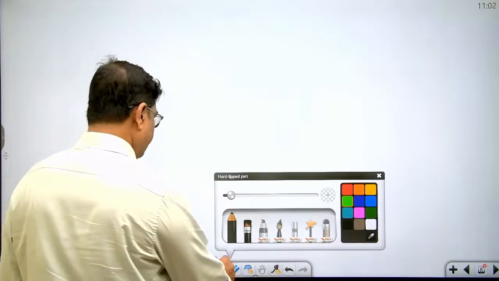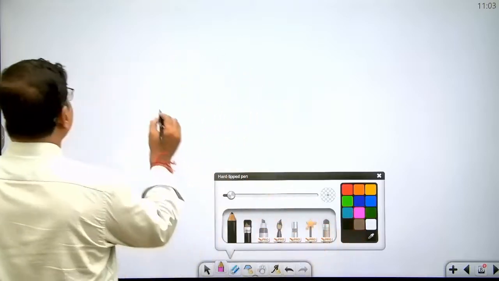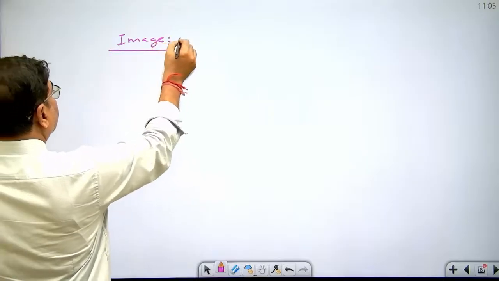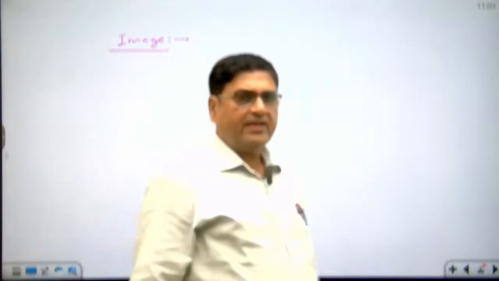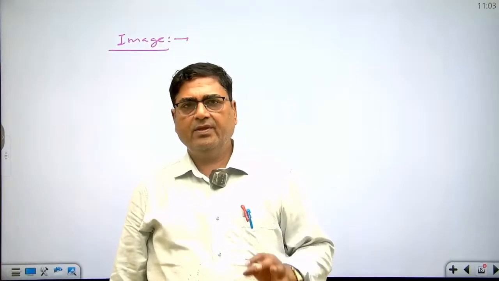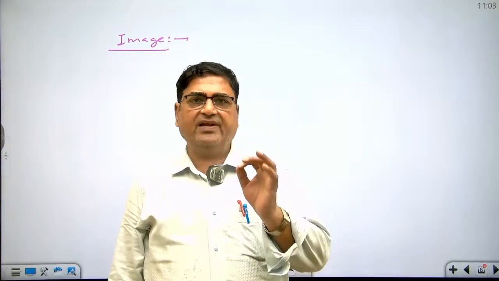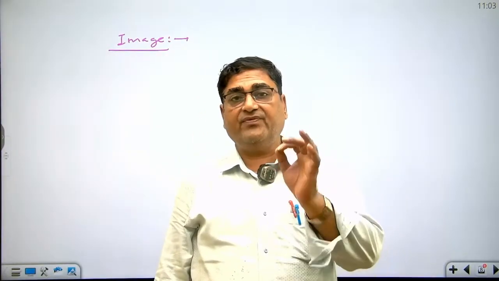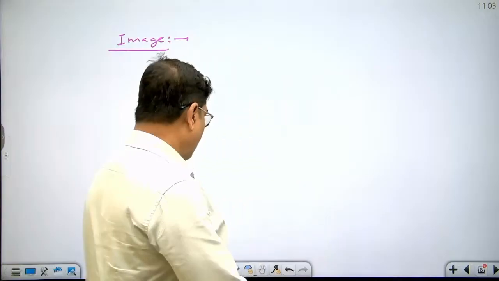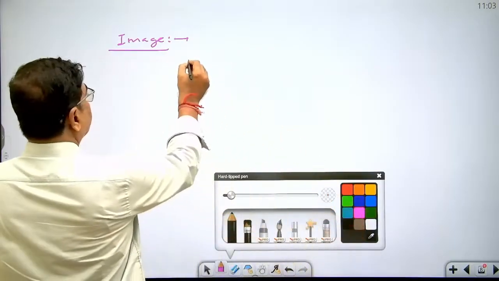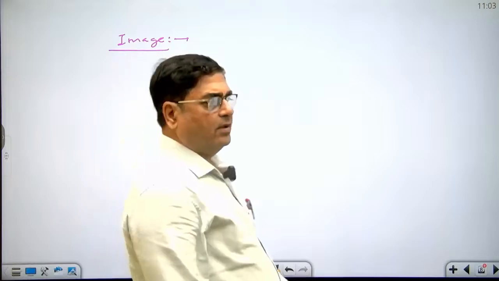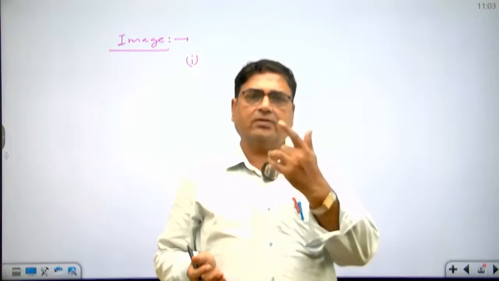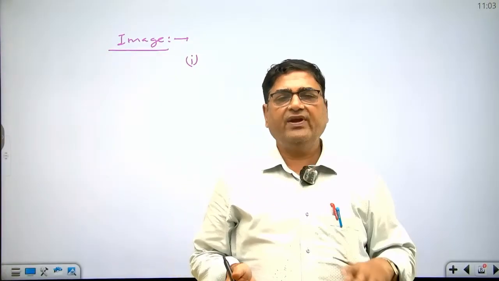Okay. Now, dear student, let's talk about the image. In the case of reflection of light, image is defined with the help of reflected rays. And in the case of refraction of light, image is defined with the help of refracted rays. Okay. And how do we define the image? The point of intersection of reflected rays in case of reflection, or point of intersection of refracted rays in case of refraction, we define the image.